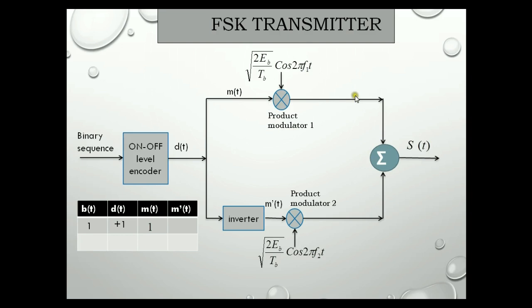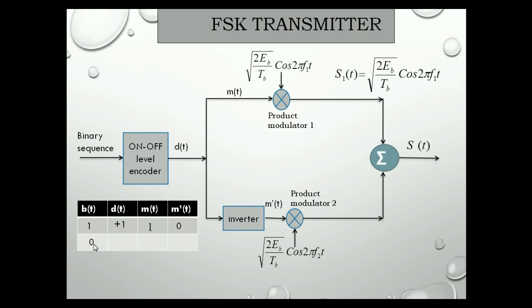So the output signal generated is s1(t), which is equal to square root of 2Eb divided by Tb cos 2 pi f1 t. Whereas the same d(t) is applied to the inverter in order to generate m'(t). m'(t) will be 0. So 0 multiplied with the carrier, the output of product modulator 2 for binary 1 will be 0.